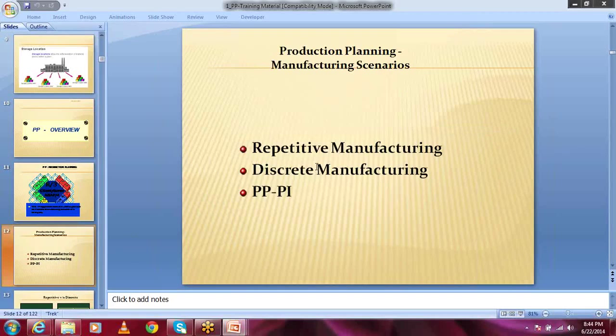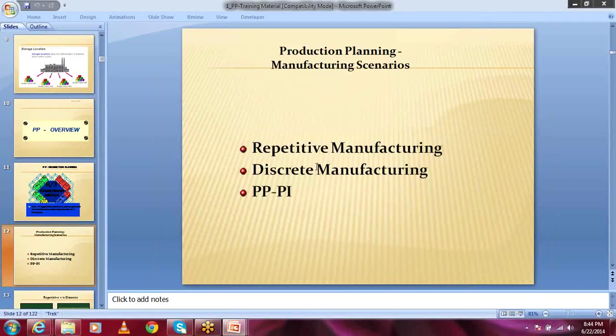If you come to this PP module, you cannot implement PP as an individual module. You need to integrate with other modules. Integrate means you need to work closely with the other modules also, like MM, QM meaning quality management, and SD meaning sales.